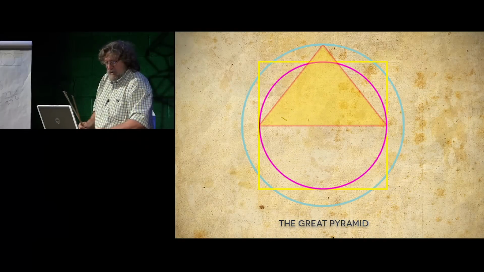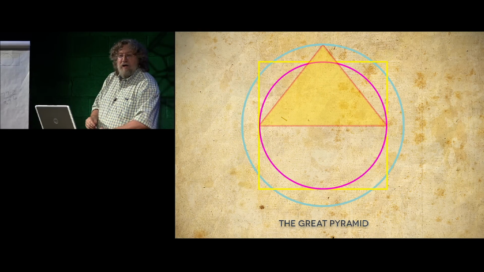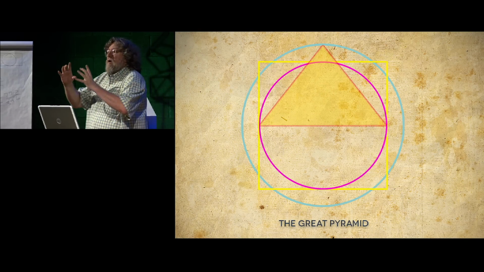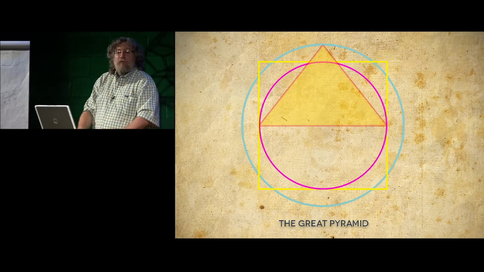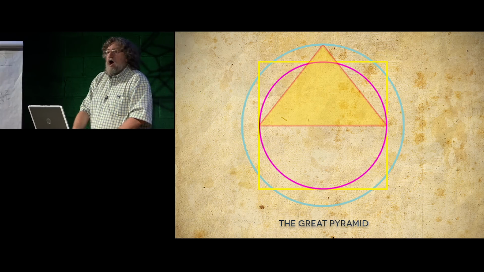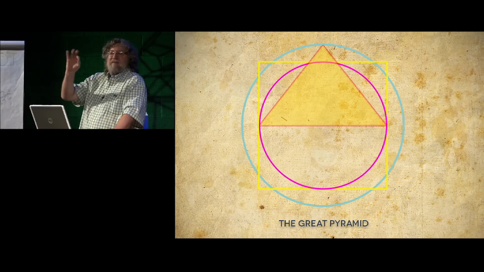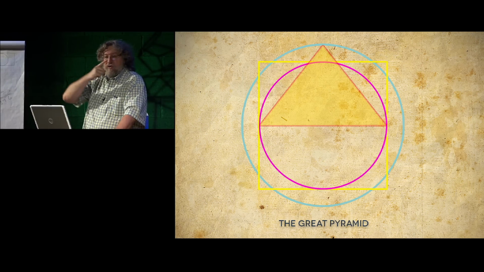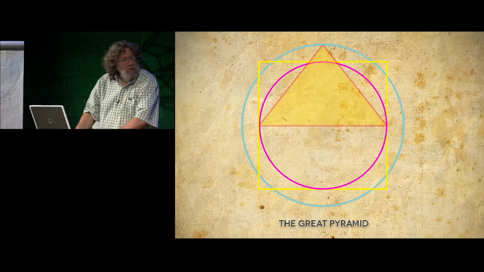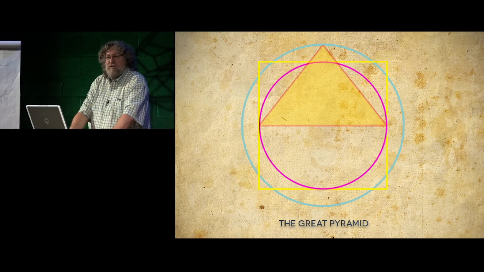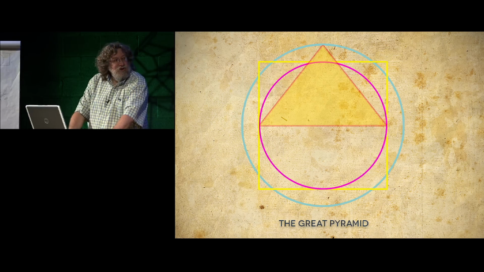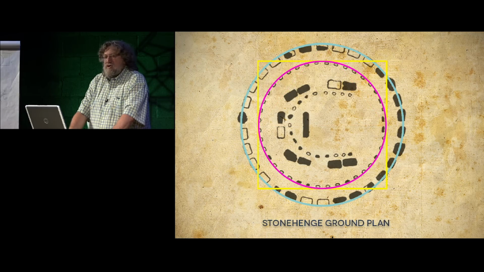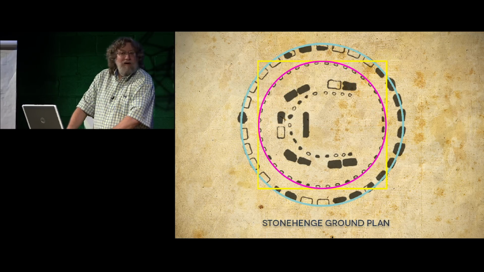Using those instruments, there is no way of creating geometrically a square and circle of exactly equal perimeter. All there are is various ways of approximating it to a greater or lesser degree of precision. And we find that both the geometry of the Great Pyramid and the geometry of Stonehenge provide us with ways of solving those problems to a high degree of accuracy.